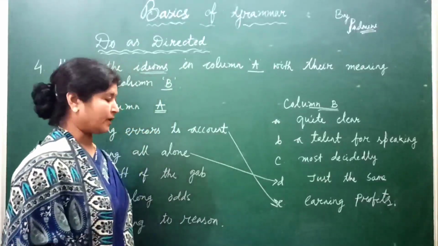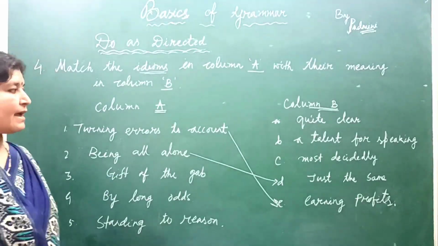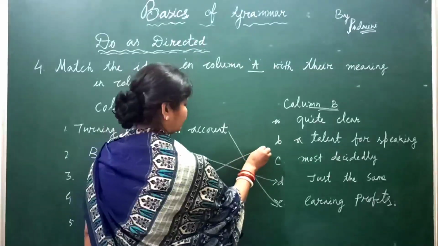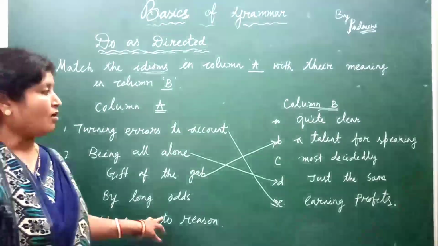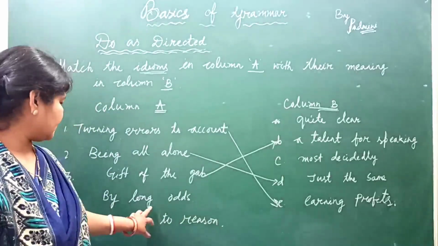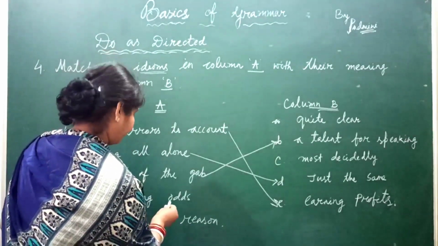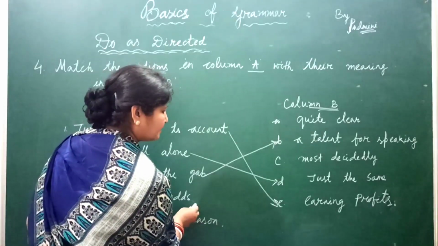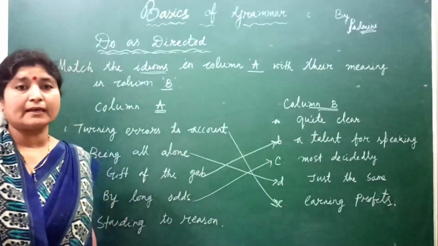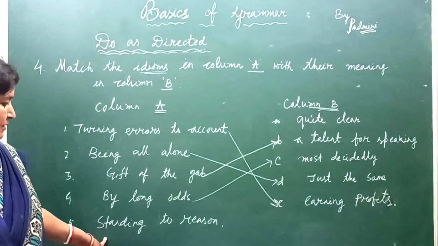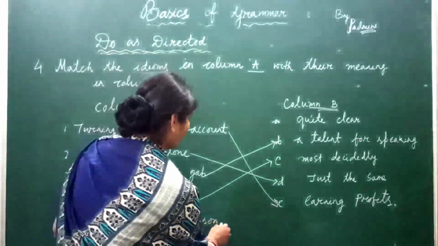Gift of the gab means a talent for speaking. Okay. Then by long hours means most decidedly. Okay. Then next one. Standing to reason means that it is quite clear.